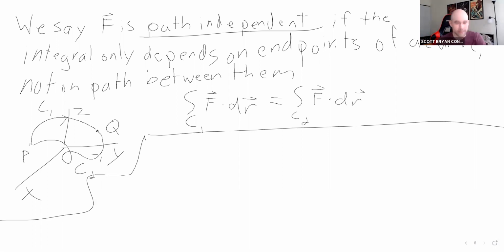Okay, so here's the big theorem, and we'll end with this. This is why line integrals of conservative vector fields are so nice, because essentially you don't really have to do a line integral, as we'll see.